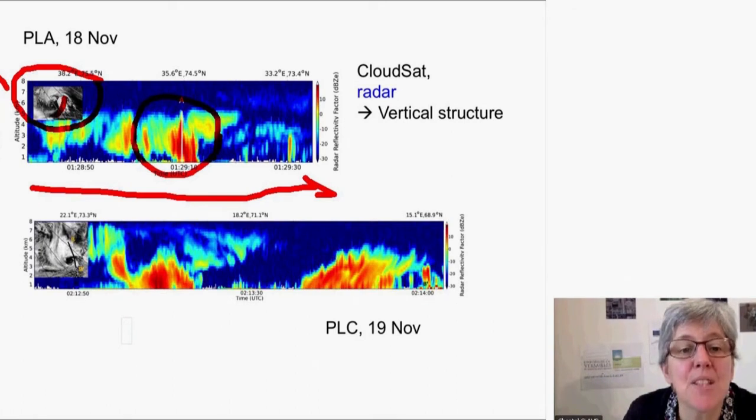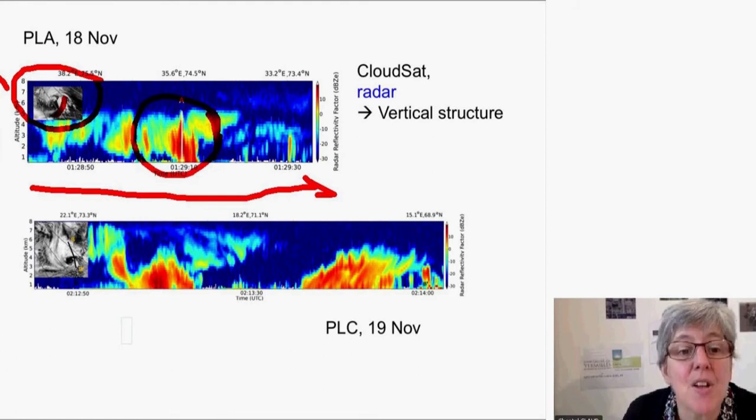And this is something that was not very well known before. We know that this kind of system has a maximum top of about 5 kilometers. And it gives also some indication on the composition of the clouds.